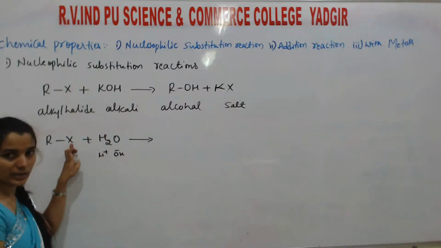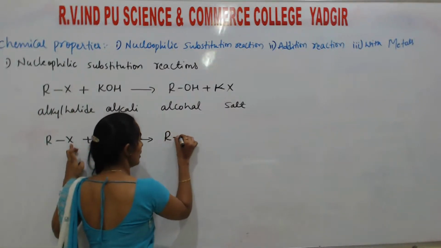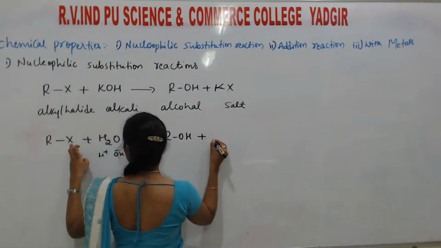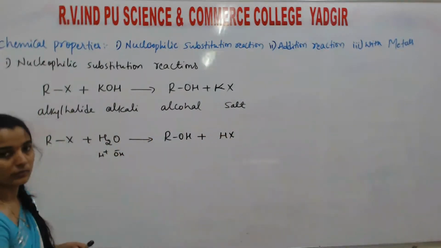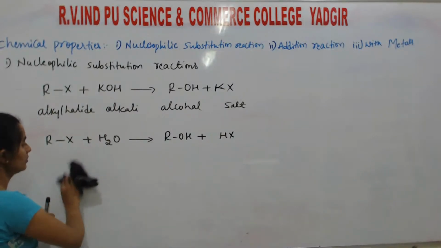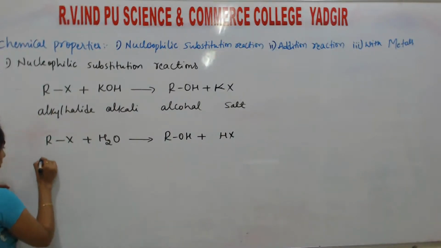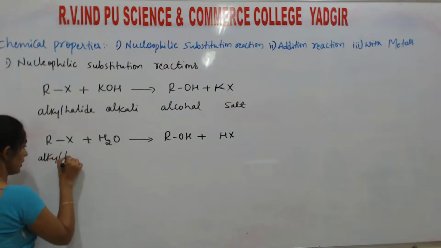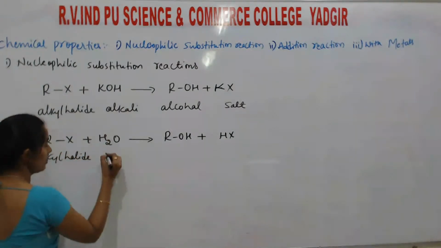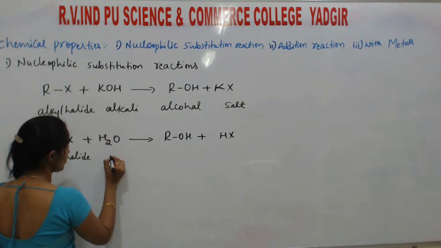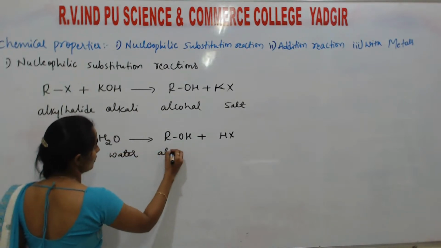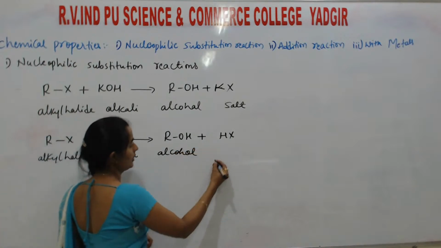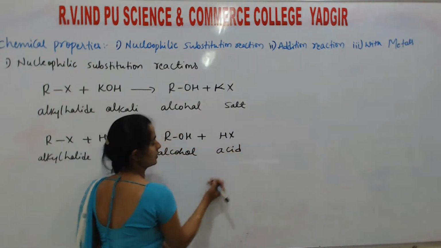That is replaced by this X. That is ROH plus HX. Okay, so alkyl halide upon hydration or hydrolysis, you may say, reacts with water to form alcohol and acid.